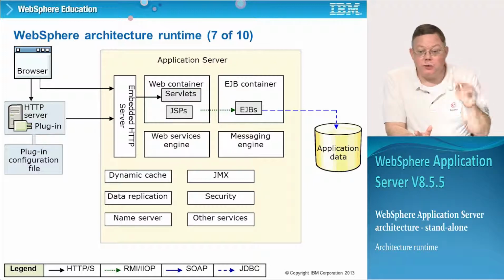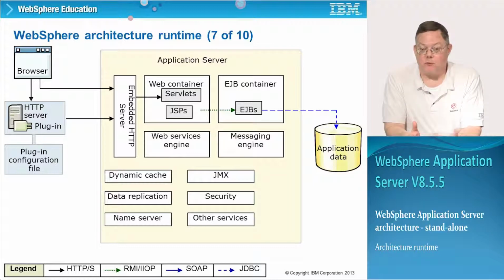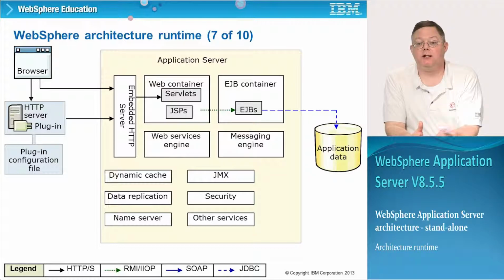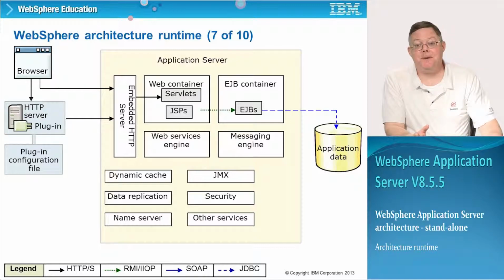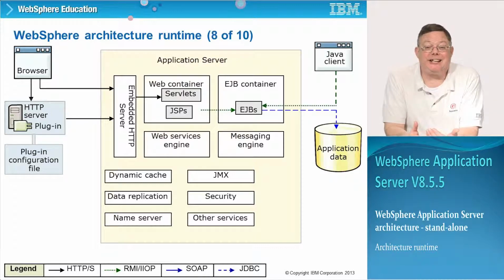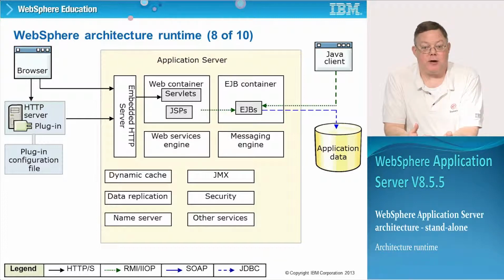Now, in addition to a standard web flow, there's other ways that information can be requested from a WebSphere application server instance. So in this example, what we actually see is the browser bypassing the HTTP server to go to the embedded HTTP server. And as you can see, it really works the same way, everything does the same thing. But we can also have external Java clients. These are thick clients or other applications, and they may also need to be able to access our WebSphere application server.